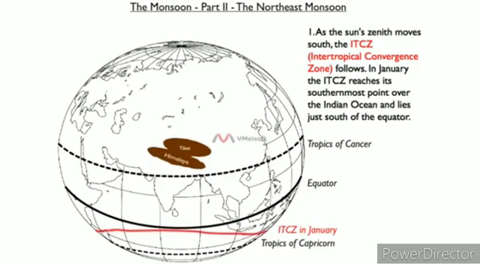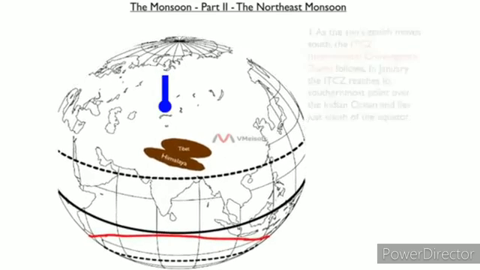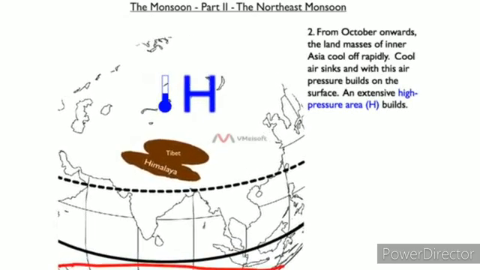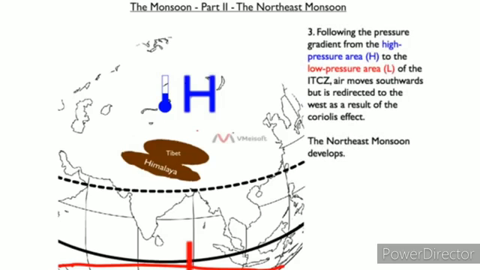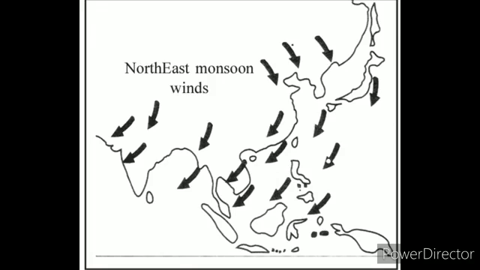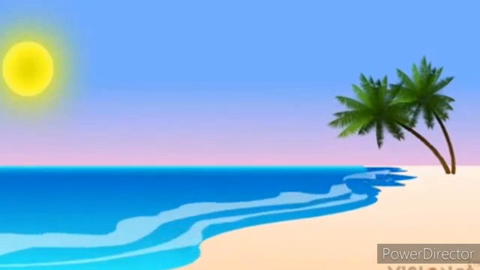When sun rays fall vertically over the southern hemisphere, or during the winter in northern hemisphere, the formation of high pressure zones over the Asian landmass and low pressure zones over the Indian Ocean results in the occurrence of northeast monsoon winds.